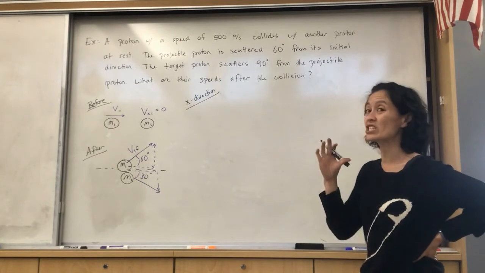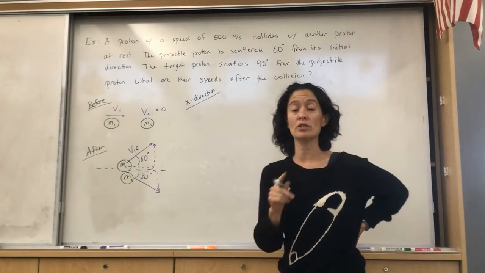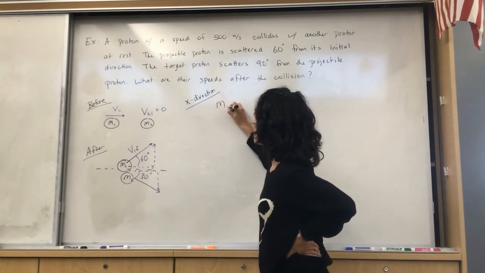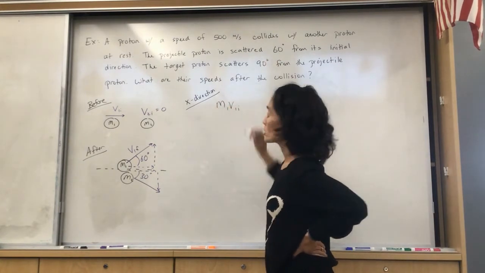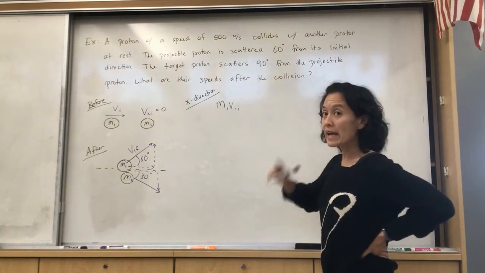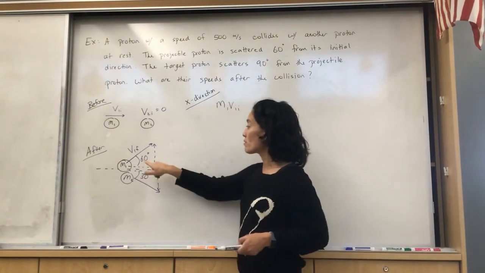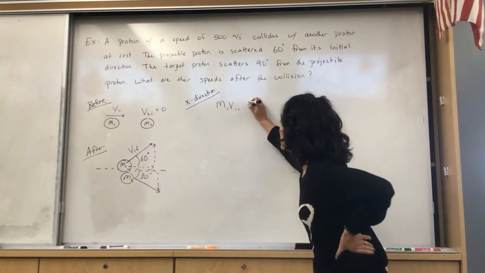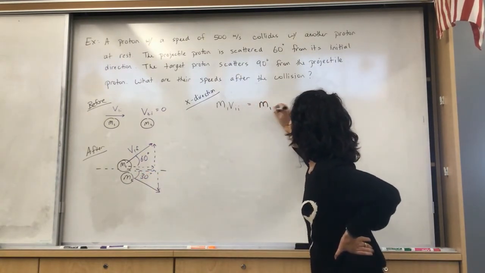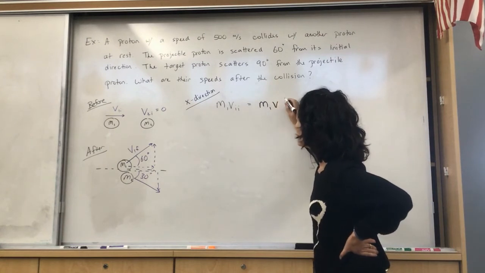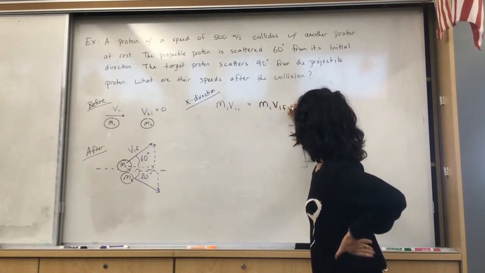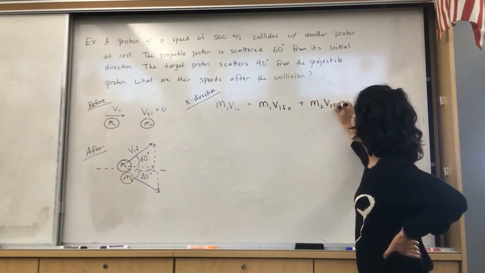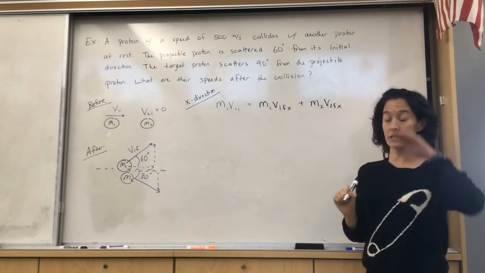I'm going to set the initial x momentum equal to the final x momentum. My initial x momentum is m1 v1 initial. My final x momentum is the momentum of mass 1 plus the momentum of mass 2, so m1 v1 fx plus m2 v2 fx. That's looking at the component nature of the velocity.